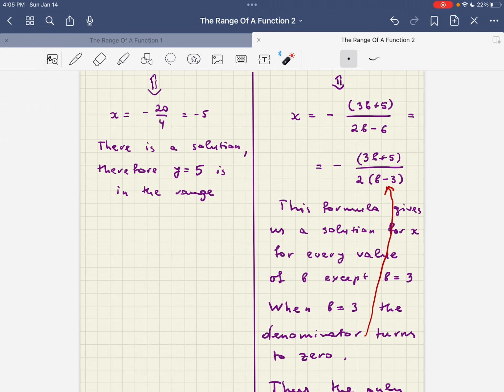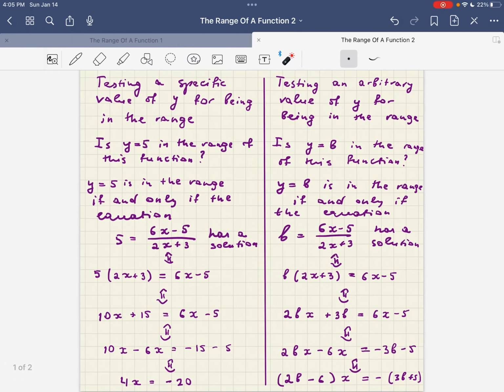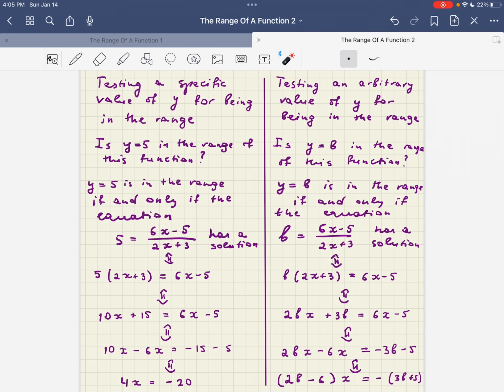When b is equal to 3, we find that the equation has no solution because the formula that is going to give us an x value requires us to divide by 0. And if we go one line higher and substitute b equals 3 in this equation, you will see that the left-hand side turns to 0, whereas the right-hand side is not equal to 0, regardless of what x is.